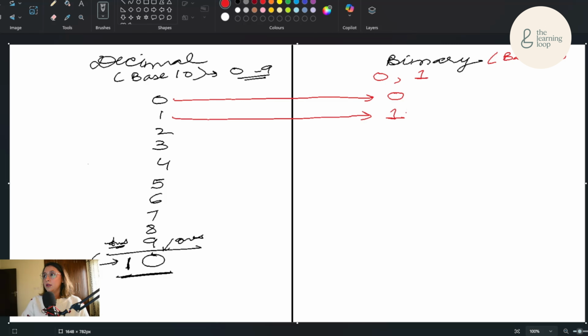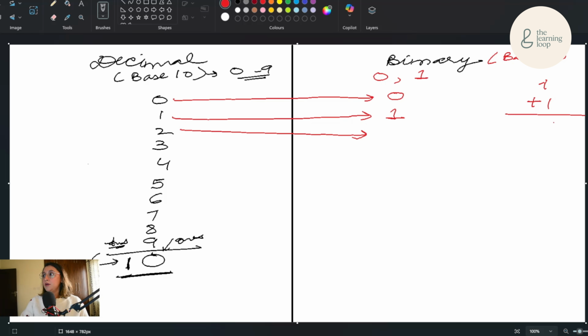Now here's the twist. Because we have exhausted all the digits allowed in the binary number system, only 0 and 1, if I do 1 plus 1 here to present 2 of the decimal number system, how would that be written in binary?